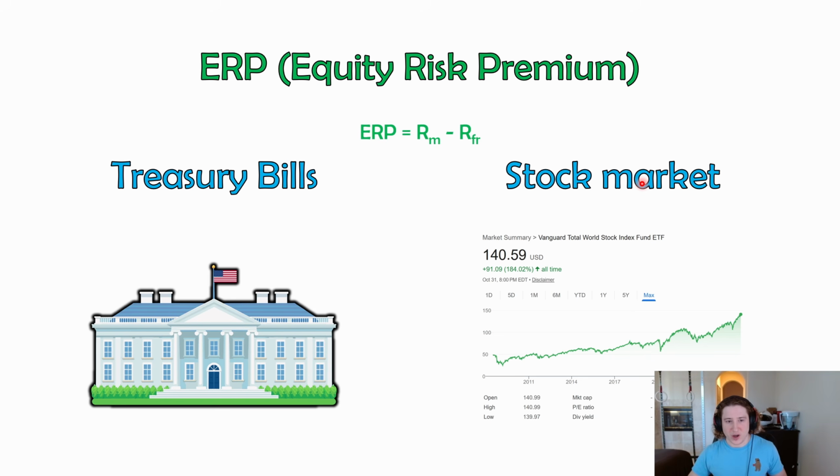And the reason it's called a premium is because it's not just giving you a positive expected return in absolute terms. The ERP is the return on the market minus the return on the risk-free rate. The premium needs to be positive, which means the stock market needs to provide an expected return so high that it's higher than Treasury bills.